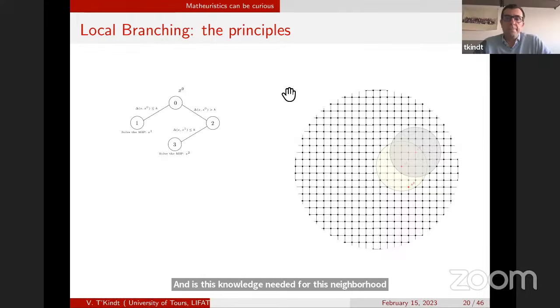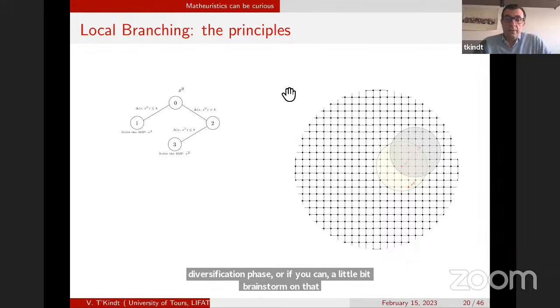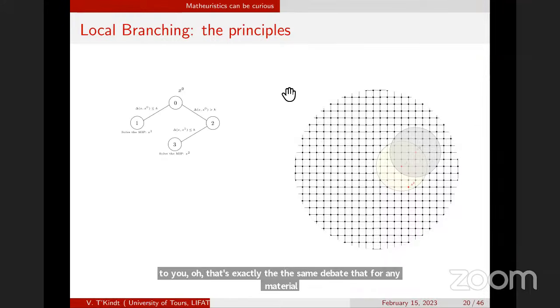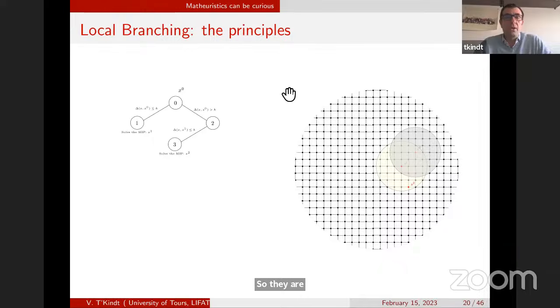Yeah, that's a good question. If I want to provide a short answer, I would just reply to you, that's exactly the same debate as for any meta-heuristic. So Matheuristics are general kind of heuristics. So it's a general framework. But at the same time, for sure, if you integrate problem knowledge in the method, you'll improve your algorithm.